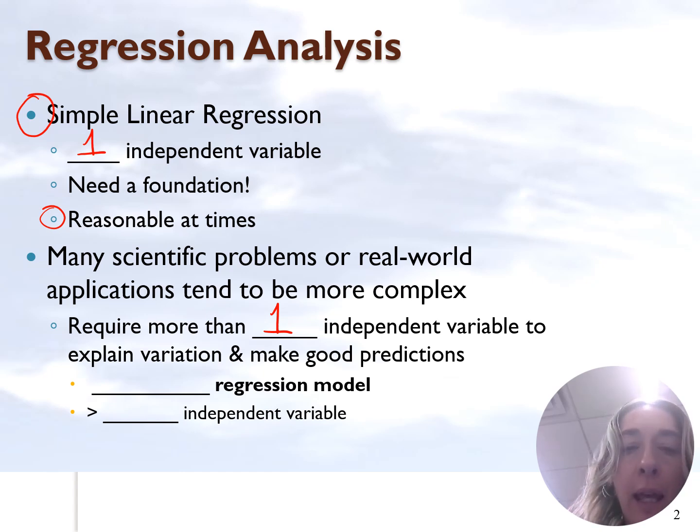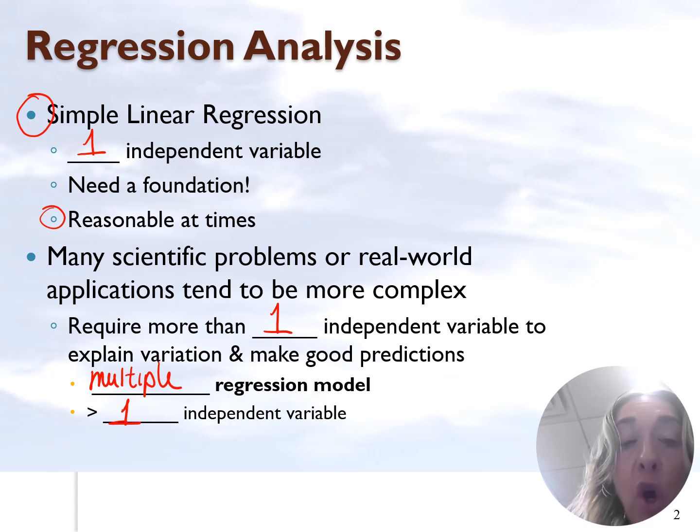In such a case, when you have more than one independent variable, you have what's known as a multiple regression model. And if it's a linear model, it's then a multiple linear regression model. So simple regression, one independent variable.